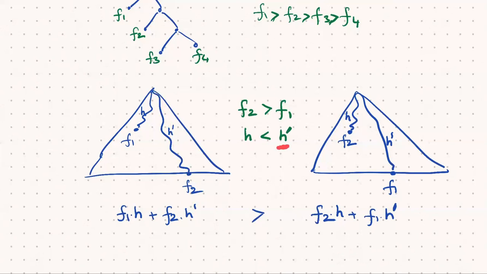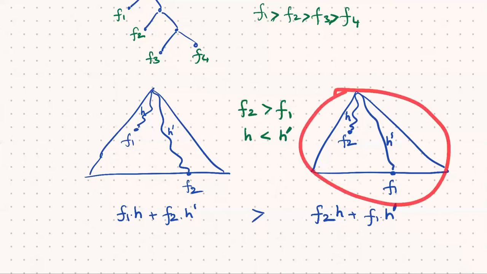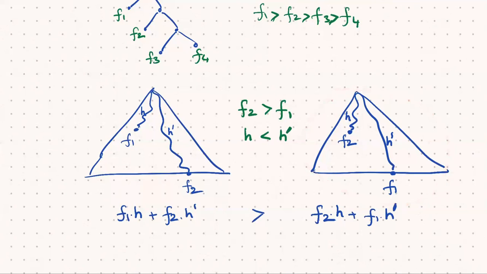H dash is greater than H. So if this symbol occurs lower in the tree than the other symbol, we can simply exchange the positions of these two symbols in the tree, right? To get this tree here, and that would decrease the cost of the tree, right? So just by doing this exchange, we can decrease the cost of the tree.